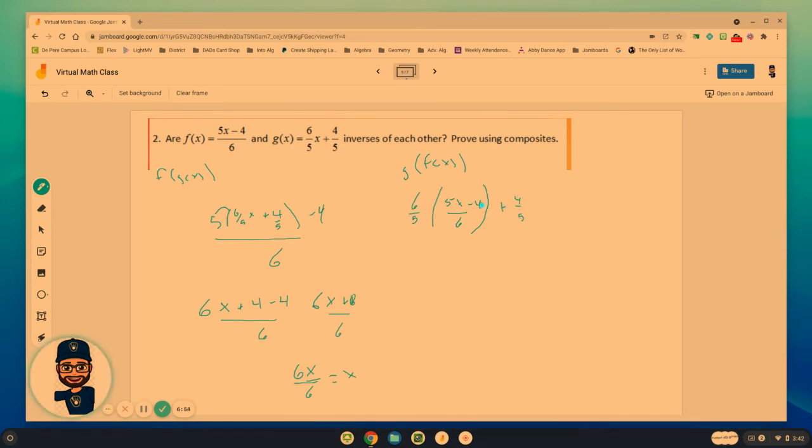When we distribute this, this 6 is going to cancel that 6, and we have 5x over 5 minus 4 over 5 plus 4 over 5. These two cancel each other out. 5x over 5 is indeed just x, so they are indeed inverse functions of each other.